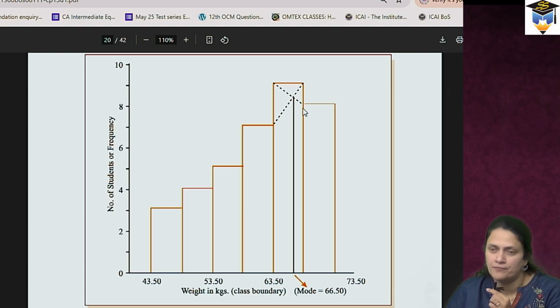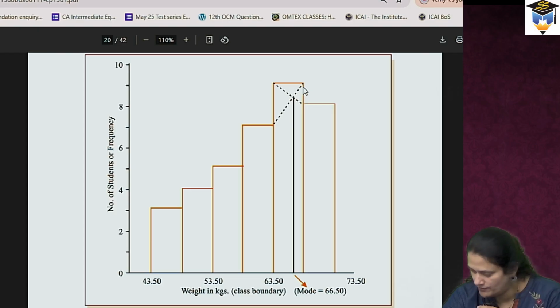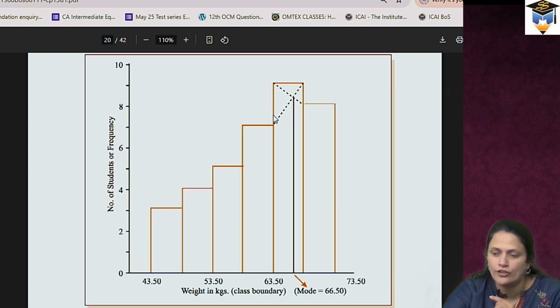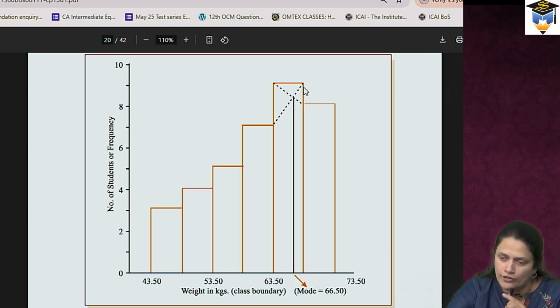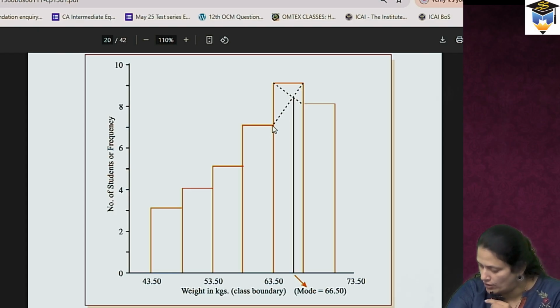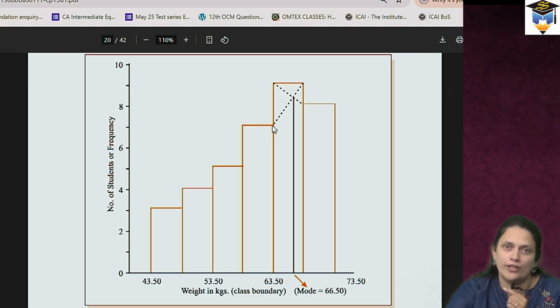Third step, draw a line from the right corner of the tallest bar to the right corner of the bar immediately before it.